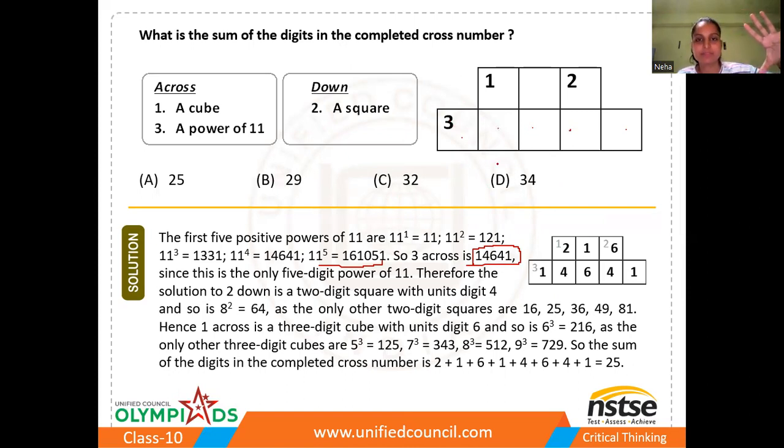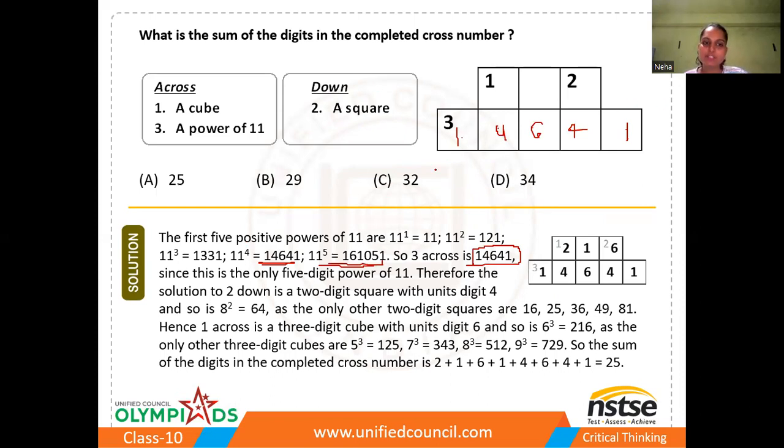So the first five powers of 11 are these, and I can write this one because it has 5 digits. It becomes 1, 4, 6, 4, 1. Then I can check with the 1 across and also with the 2 down. Now 2 down should be a square.